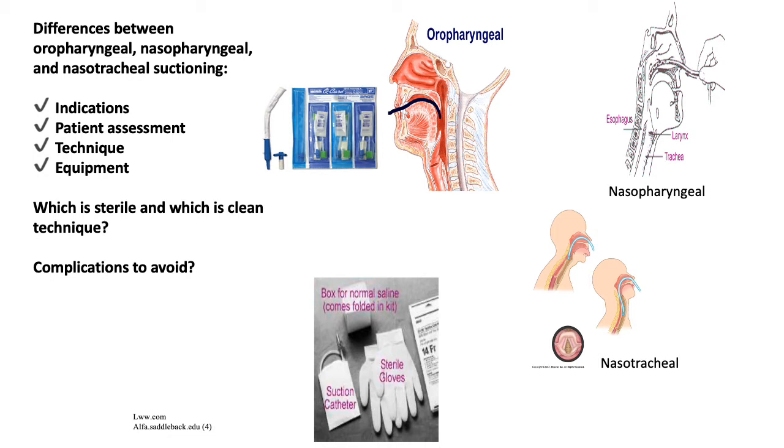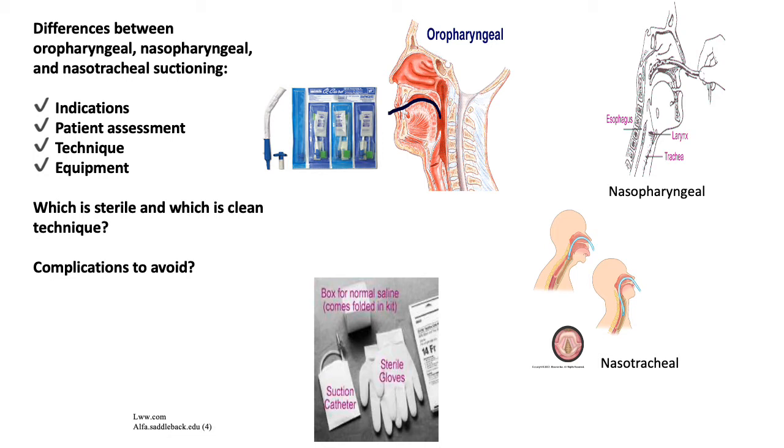So the way to prevent hypoxemia is to decrease the suction time to 10 to 15 seconds, to allow for rest periods in between suctioning, at least 1 minute, and to hyperoxygenate the patient. If they're not on supplemental oxygen, you just have them take a few deep breaths before, or you increase the oxygen for 30 to 60 seconds prior to suctioning.